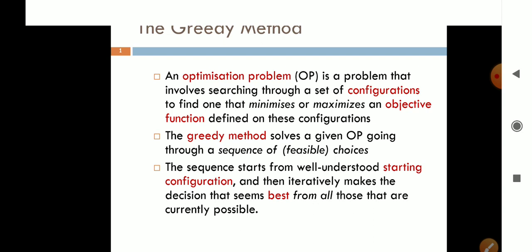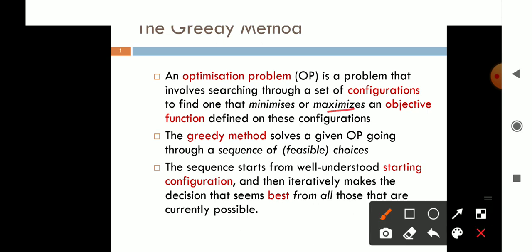So most of the time we have to think about the profit. That is the objective function here, and we always have to maximize the profit. If our objective function is profit, we have to maximize it.